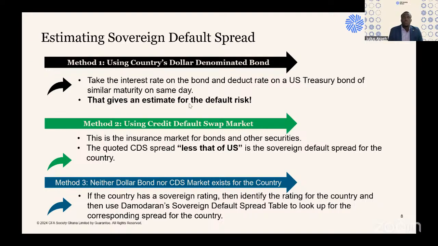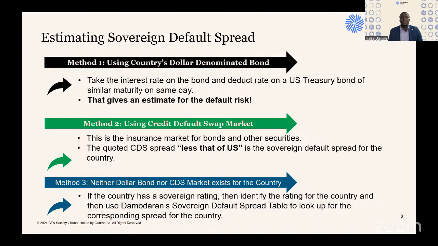That difference gives an estimate for the default rates, because we know the US government has no default risk, so the yield on the 10-year bond has no default premium. So the yield on your country's Eurobond will be higher than the US bond rate if your country is not triple-A rated. That differential is the compensation for sovereign credit risk. Remember, the 2 instruments are issued in the same currency. Okay, so that's how we do it.